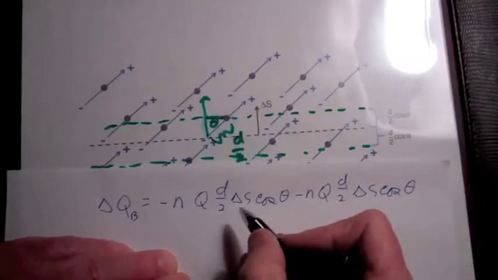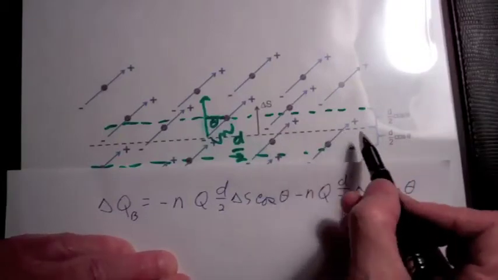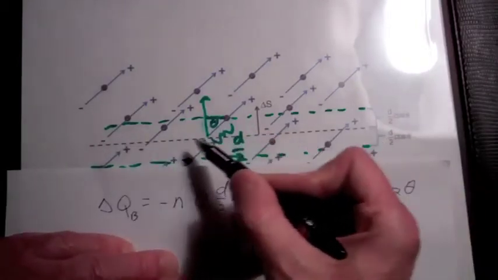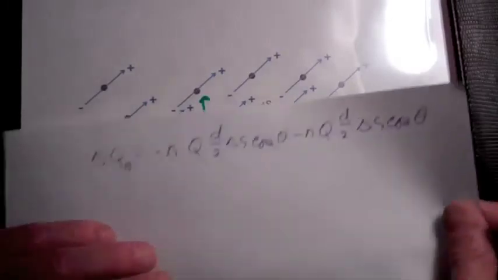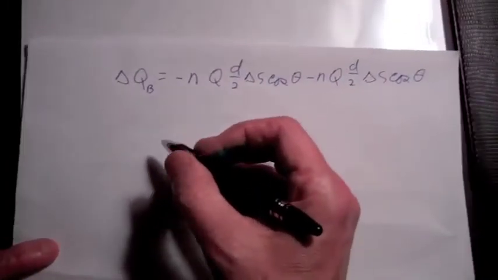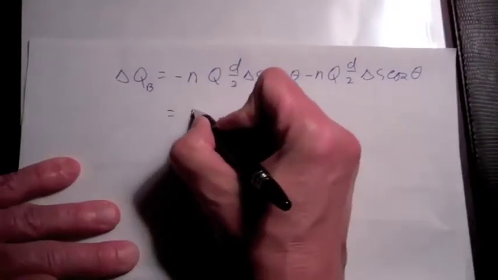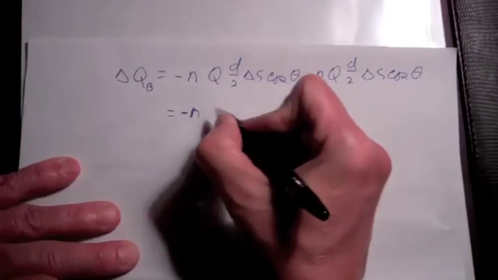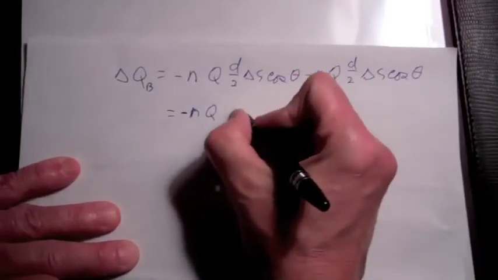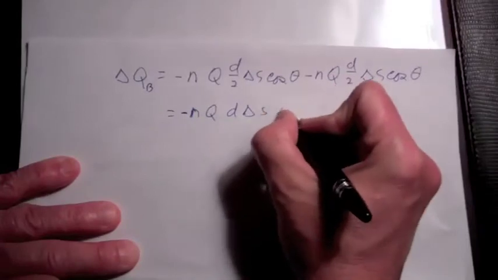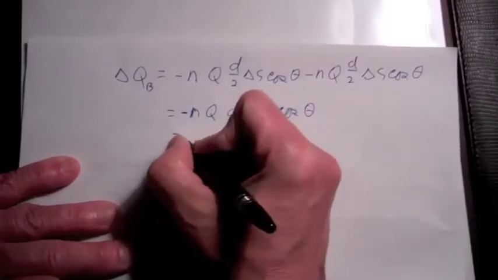So the total change in the charge due to the movement of these dipoles through this surface element delta S is minus nq d delta S cosine of theta.